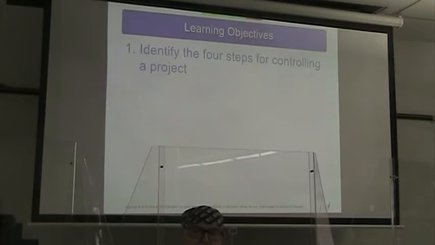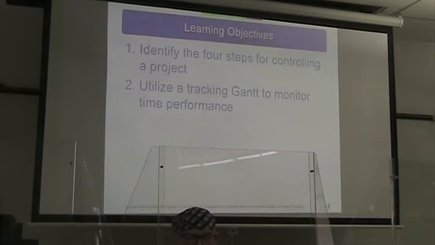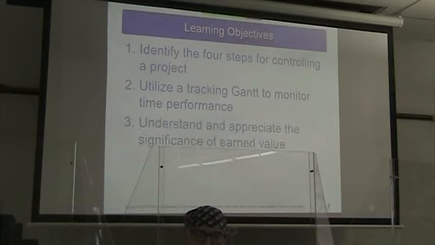Identify the 4 steps for controlling a project. Utilize a tracking Gantt chart to monitor time performance. Understand and appreciate the significance of earned value. So you have to not only understand it, you have to appreciate it.